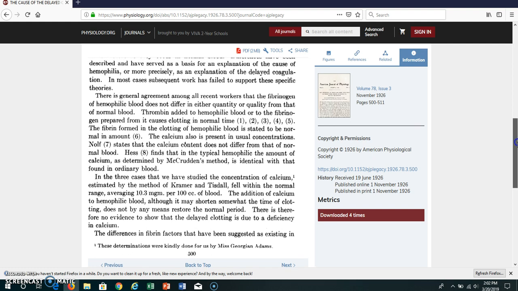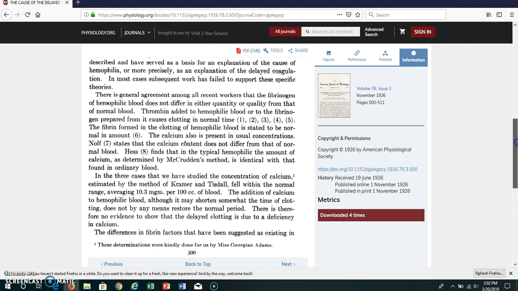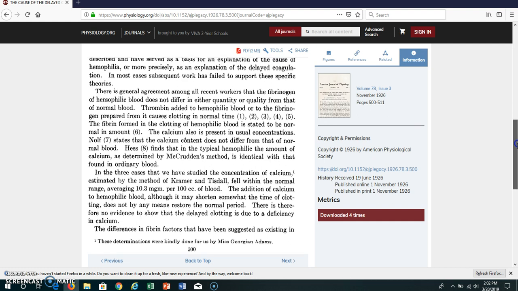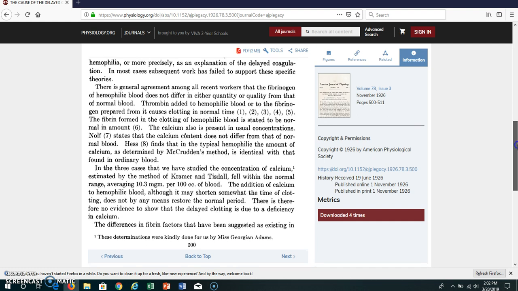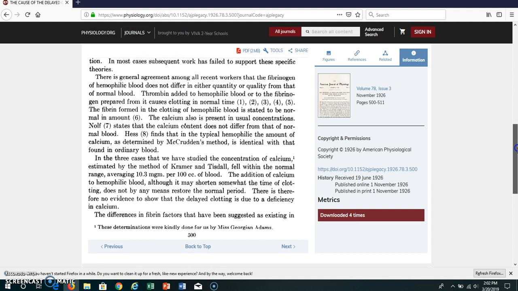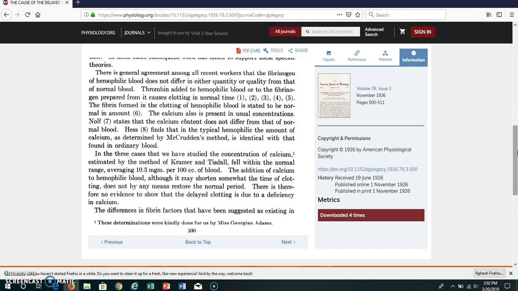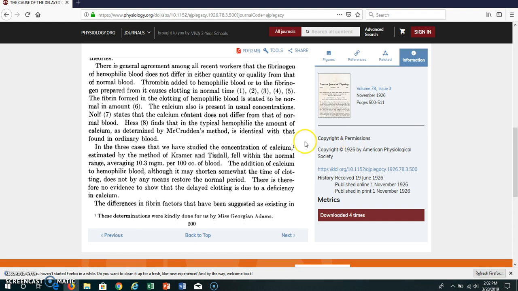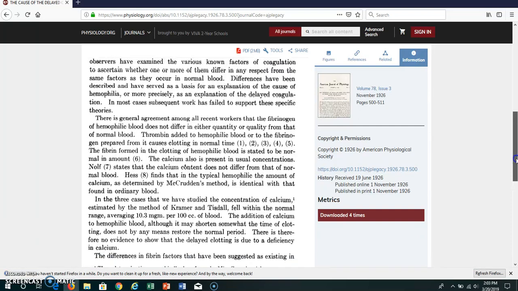So it does mention what the composition of the clot is. So it does mention about the blood vessels, and as you can see, it also shows that they have studied this. So we can actually put this as a secondary source because this is an article on the research that had been done.